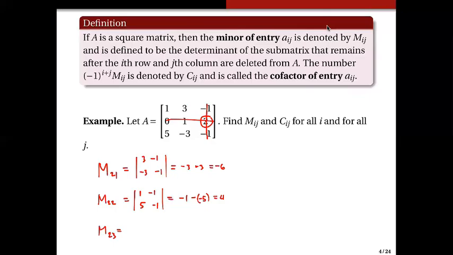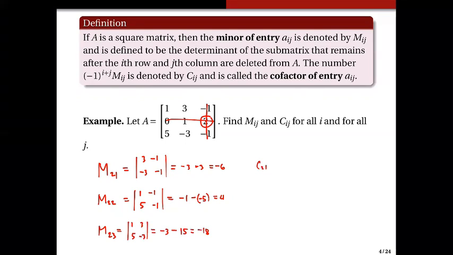So M23 is the determinant of the matrix 1, 3, 5, -3. This is equal to 1 times -3, that's -3, minus 5 times 3, that's 15. So this is equal to -18.